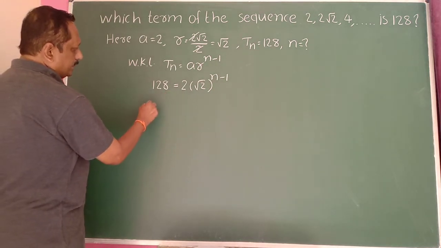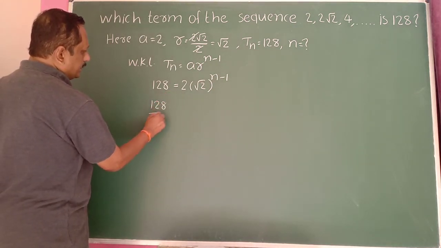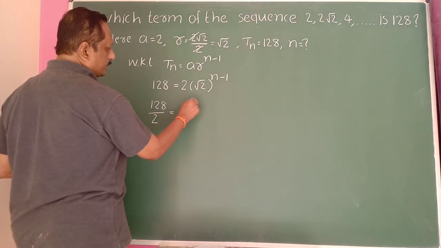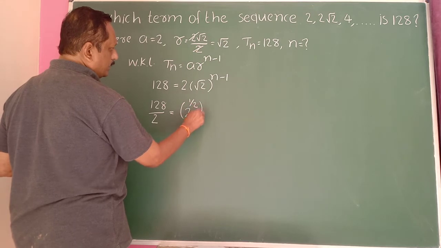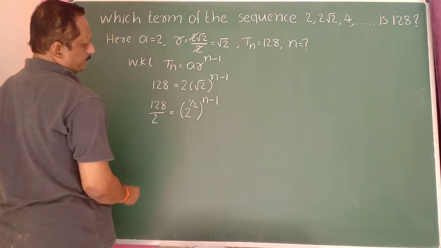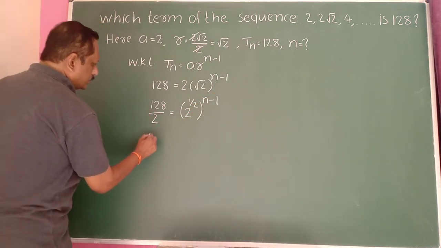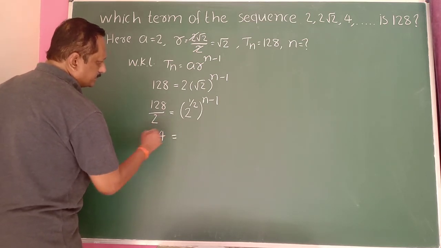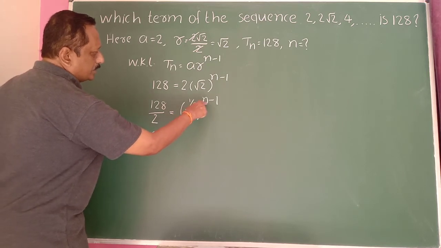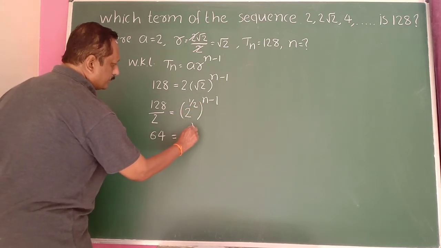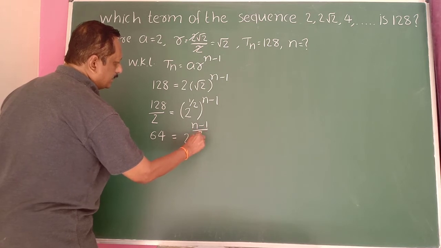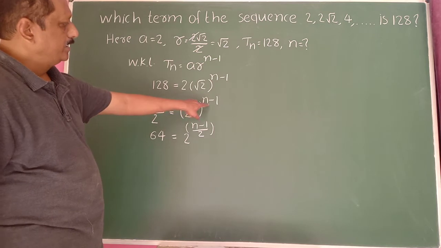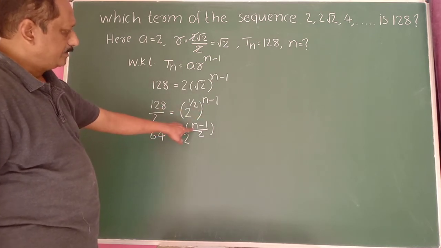Take 2 to this side. 128 divided by 2 is equal to root 2, which can be written as 2 raised to 1 by 2, raised to n minus 1. Now you can divide: 2 ones are 2, 2 sixes are 12, 2 fours are 8, so 64 is equal to 2 raised to 1 by 2, raised to n minus 1, which is 2 raised to n minus 1 divided by 2.